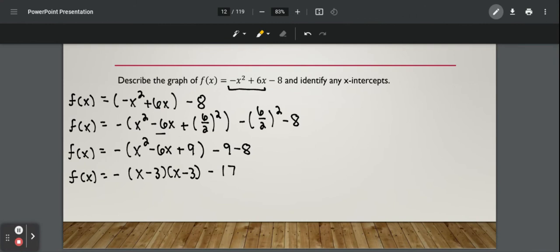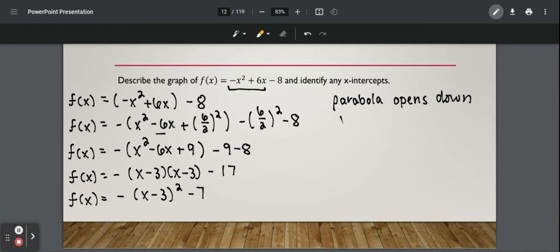So you should never have two different factors, because that's what gives you that square, x minus 3 squared minus 7. So if we were describing this, this would be a parabola that opens down, since our a value is negative. It would have a vertex of 3, negative 7.